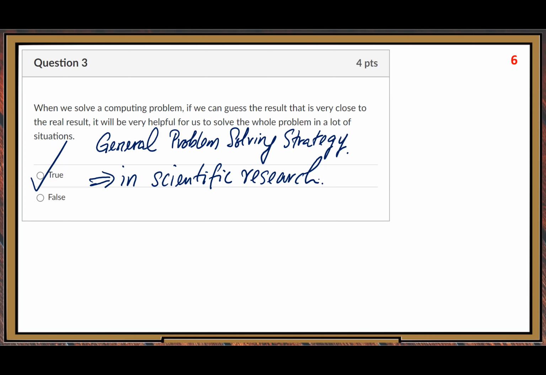So here, the value of this class is that we want to give you training in thinking. If you learn how to think in an effective way, it could be very helpful to solve your real world problems. All right, so that's this question.